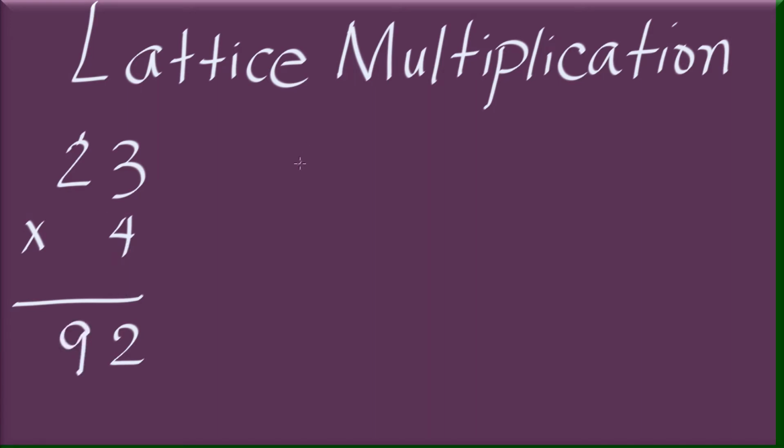Now the lattice multiplication is like a diagramming method of multiplying these digits. So if we have this two-digit number multiplied by a one-digit number, we need to draw a 2 by 1 rectangle.